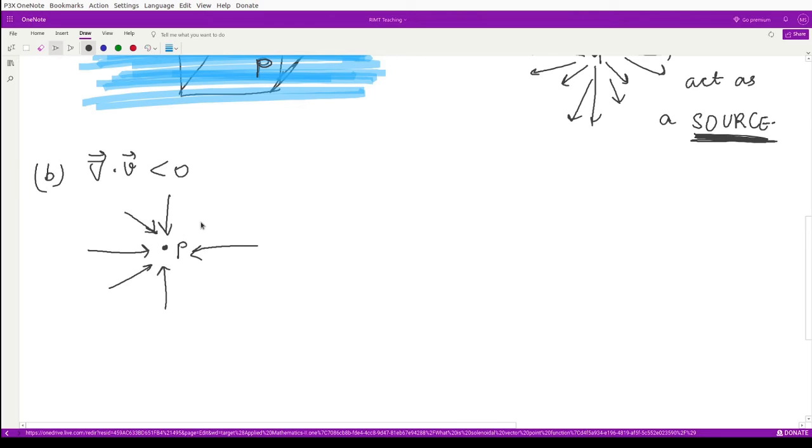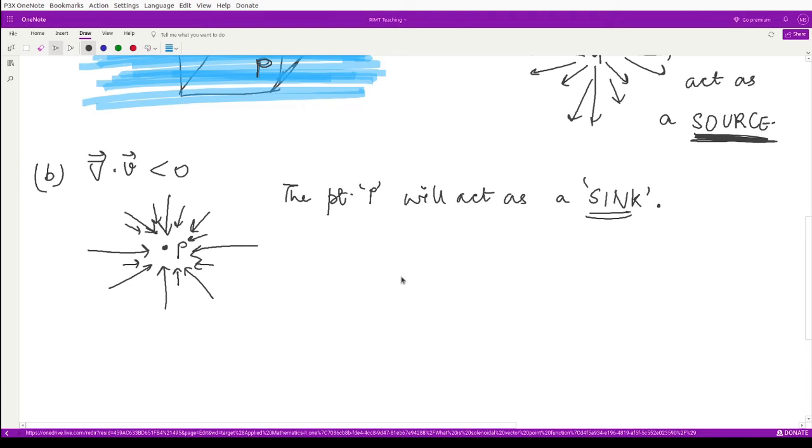So it is negative whenever the fluid is trying to get into the point P. So here the point P will act as a sink, right? You can imagine a situation, suppose there's some hole here and water is flowing in this direction. At this point suddenly water starts swirling like this and it is moving in and finally it goes into this particular hole, right?